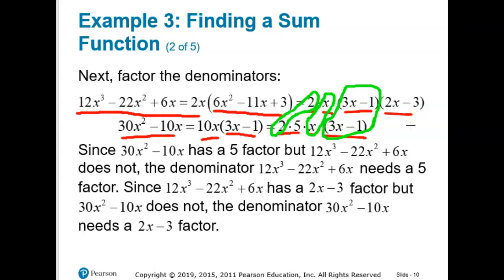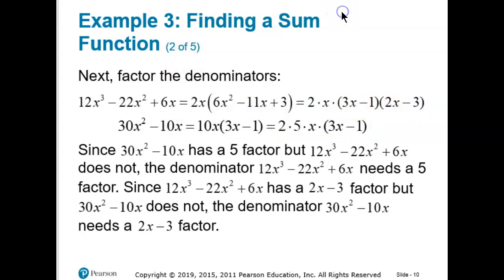So we take these three common factors, and we don't forget the uncommon factors of 2x minus 3 and 5. Now we take 2 times 5 times x times 3x minus 1 times 2x minus 3. That will be what we are going to work with. So let's take a look at our next slide.